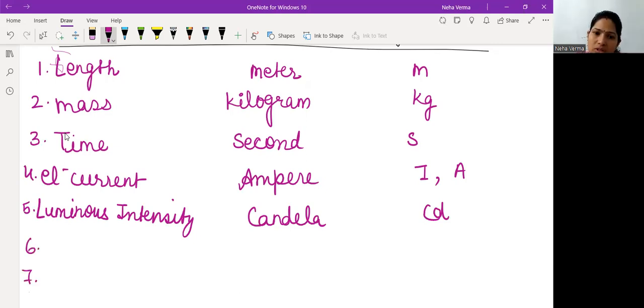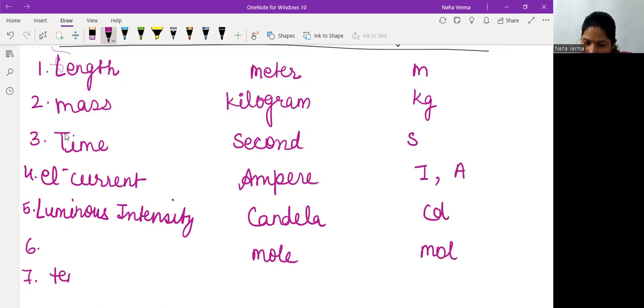What is the sixth unit? The sixth unit is the measurement of substance. That is 1 mole, represented as mol.